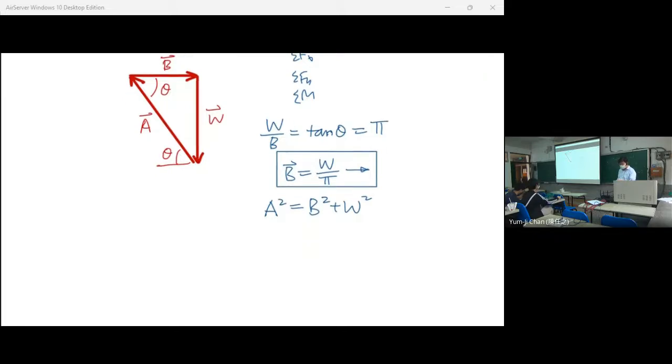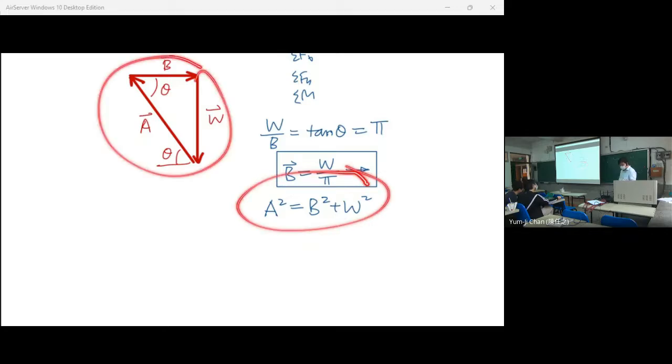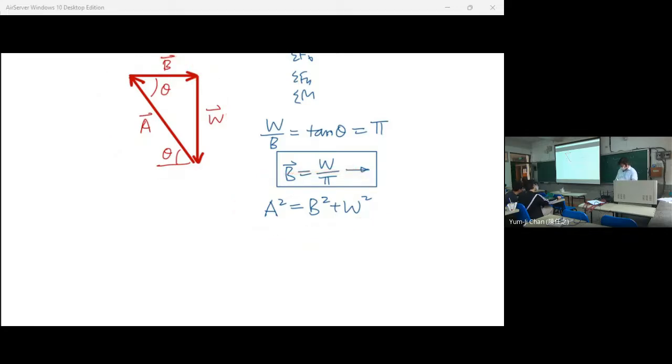Because it is a right-angled triangle, in English it's the Pythagoras theorem. So A squared is equal to B squared plus W squared.